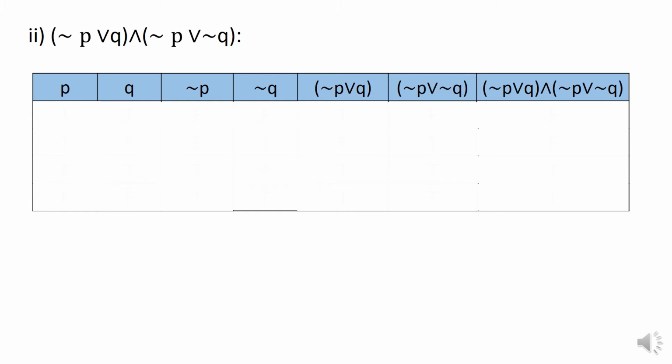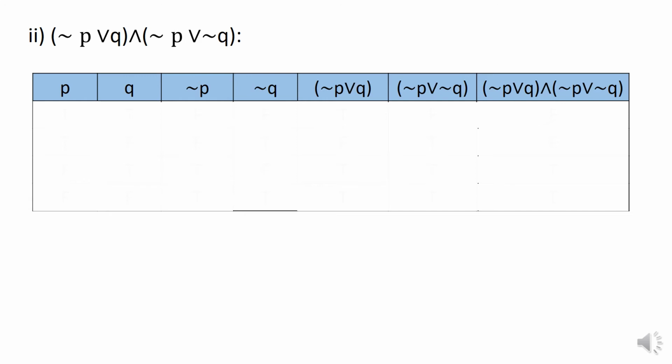So we are going to write P, Q as we did in the previous sum. We need not P, so we are going to write not P. Similarly, we need not Q, and then the first bracket not P or Q, then the second bracket not P or not Q, and then the entire statement is going to be written.